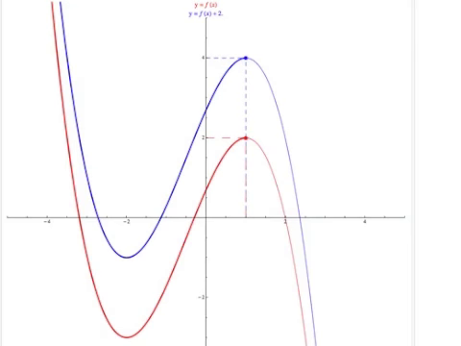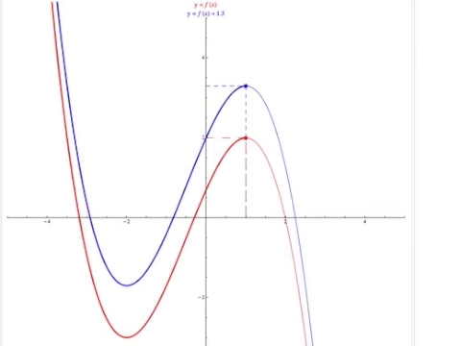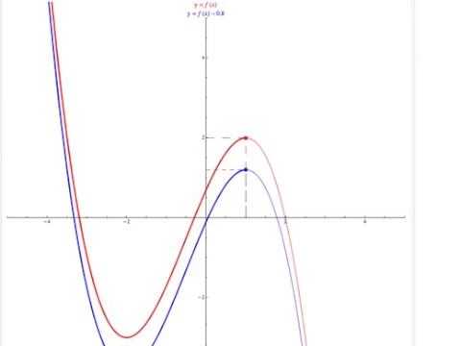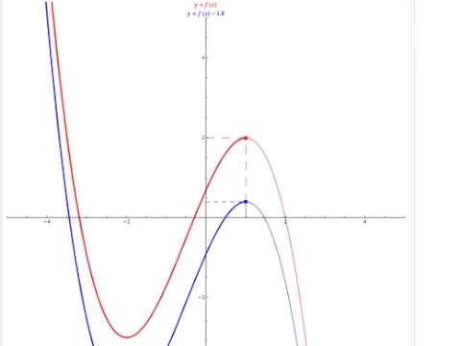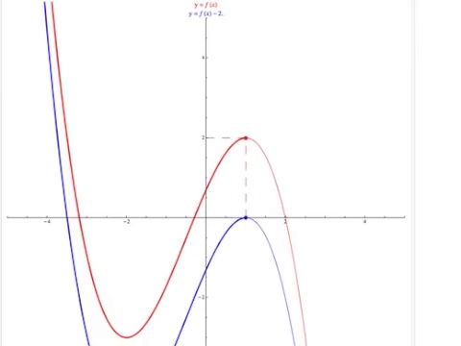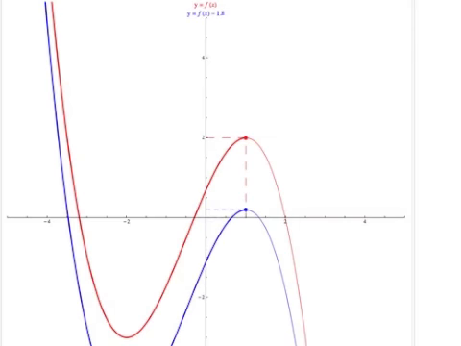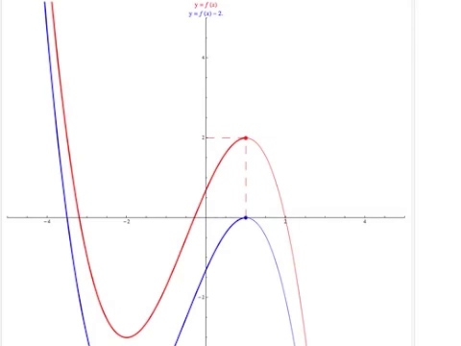If I now do an alteration the other way, if I now subtract, for instance, 2 units, there we go. We've now subtracted 2 units from this formula in the equation, and the resulting graph is now 2 units down, parallel to the y-axis.